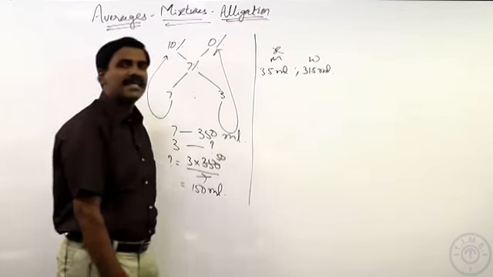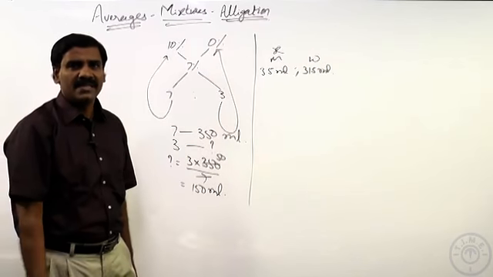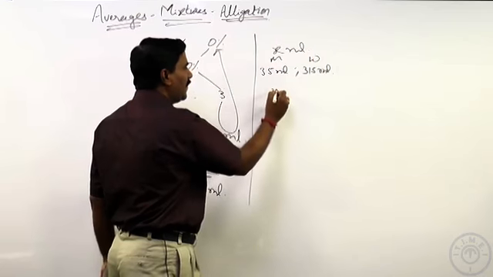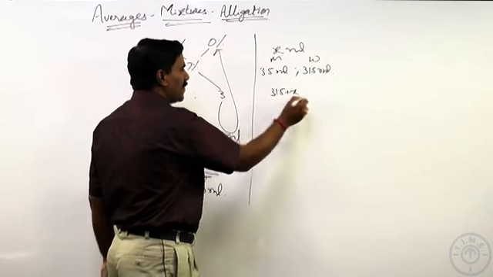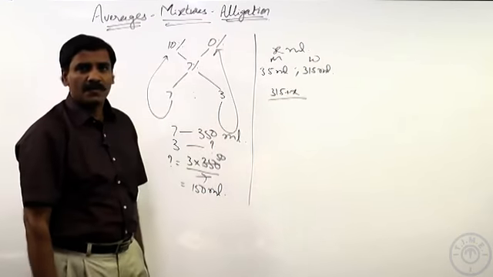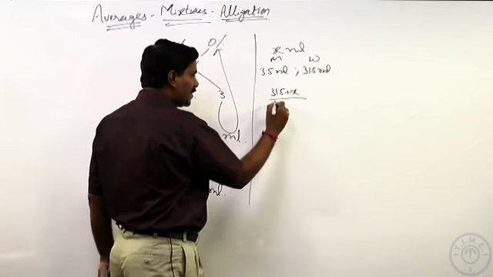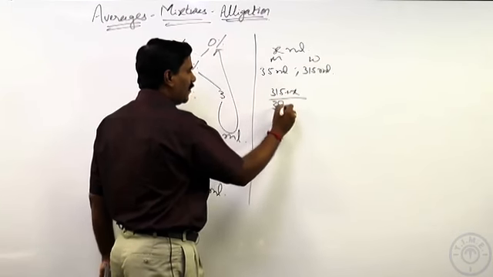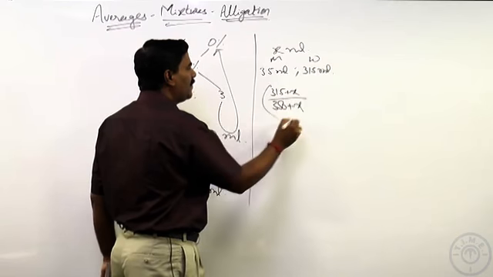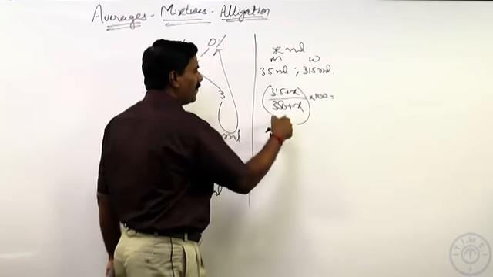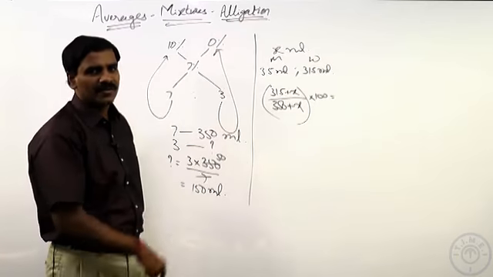Now add some more water, let it be x ml that we are adding. So 315 plus x is the quantity of water now. Already it has 350 ml, and now we are adding x, so the total quantity becomes 350 plus x. Multiplying this with 100 gives the concentration of water, because we are considering in terms of water.